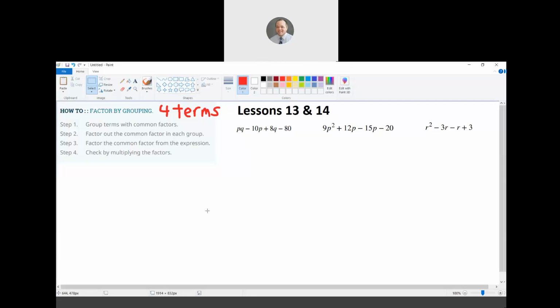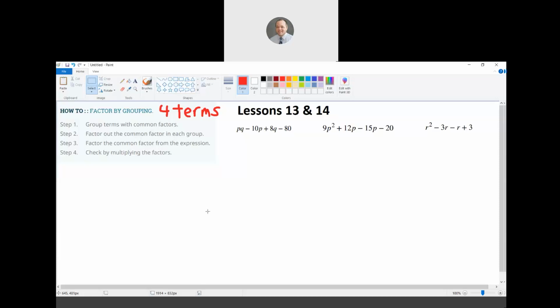Step 3, it says factor the common factor from each expression. That just means whatever's in each parentheses, you take out that particular binomial. And then step 4 is not required, but highly encouraged. Check your answer by multiplying everything out.